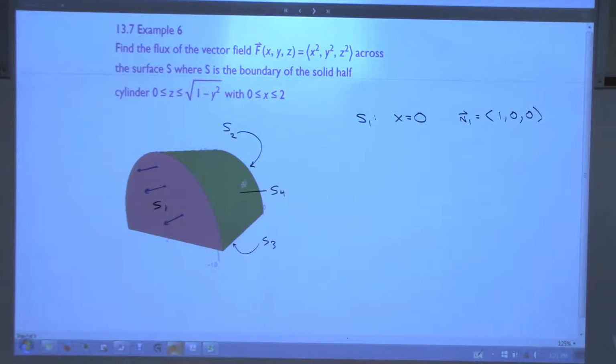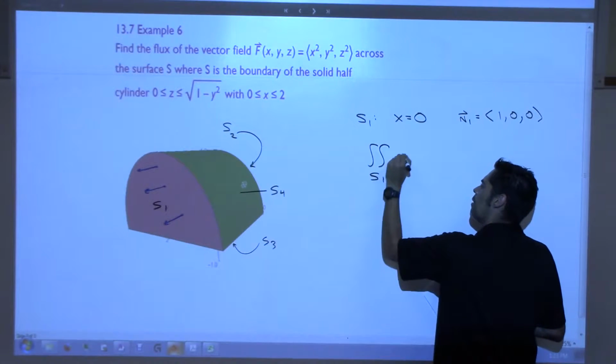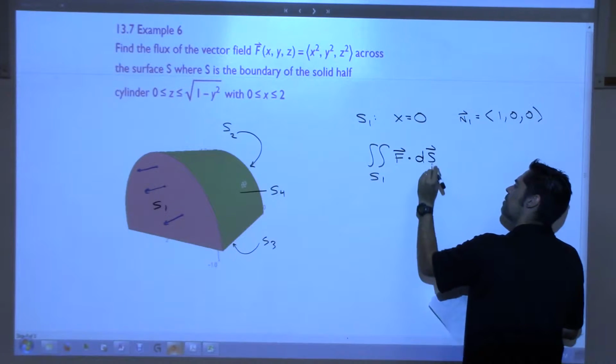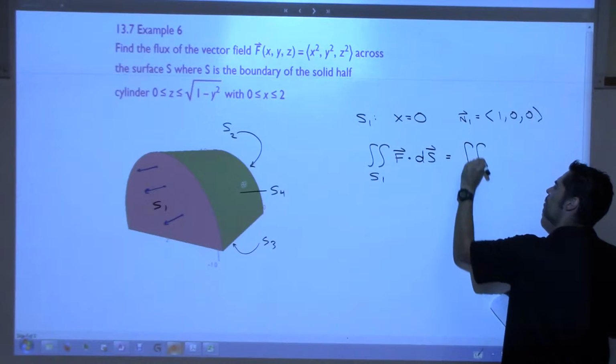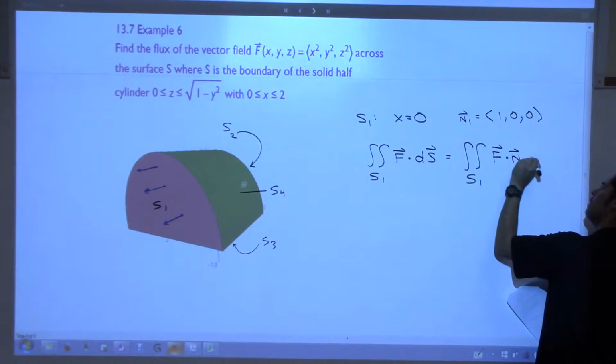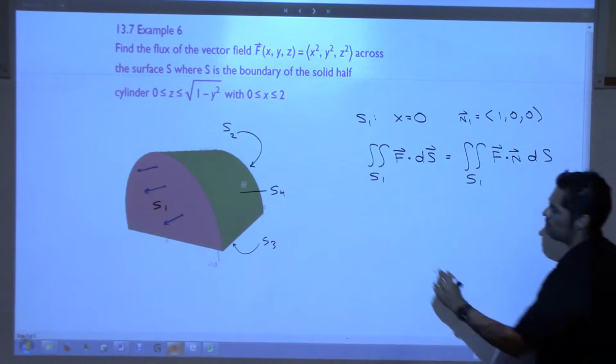And that means that if I want to find the flux here over S1 of the vector field dotted ds, I could just do this f dot n ds. This one I'll write out.